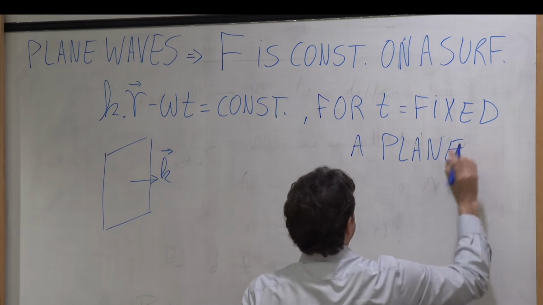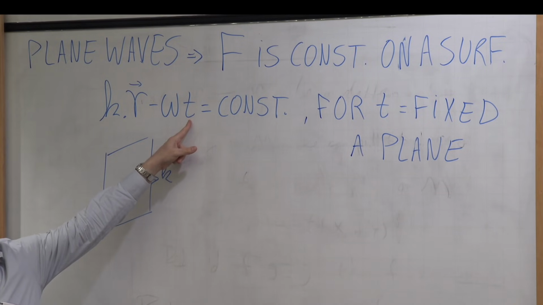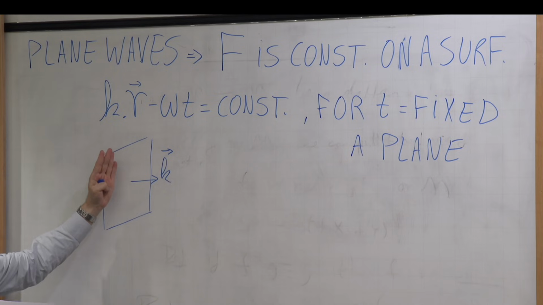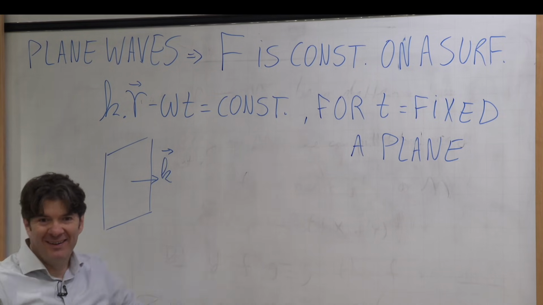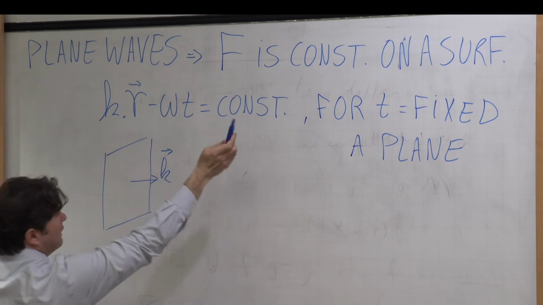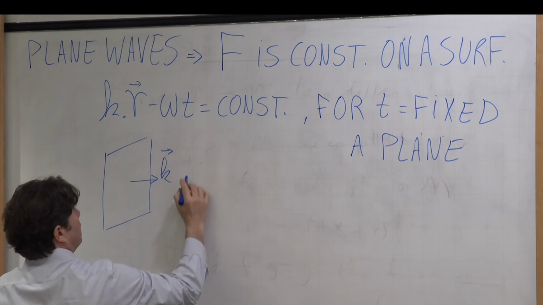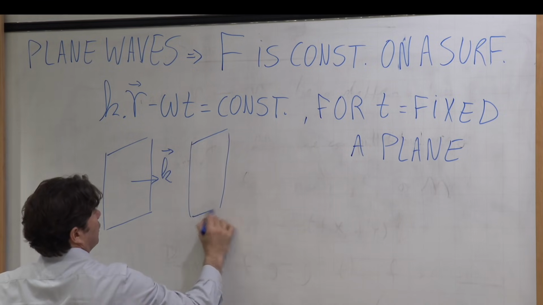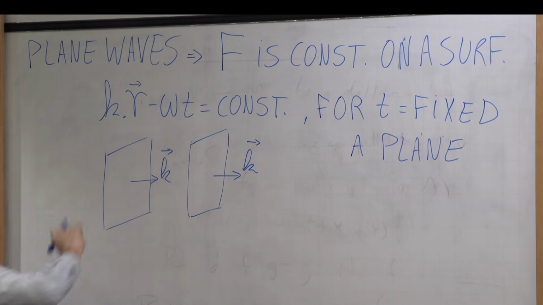And now, as t increases, this plane moves in the direction of k. So the plane at which this is constant, let's say equals 3 or whatever, moves in the direction of k at the speed c.